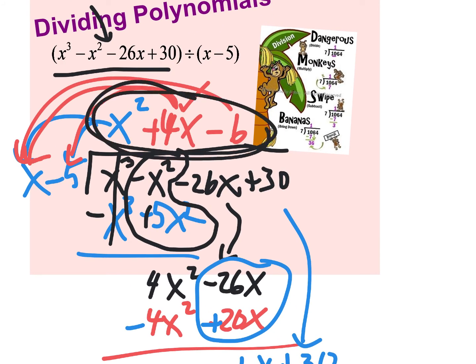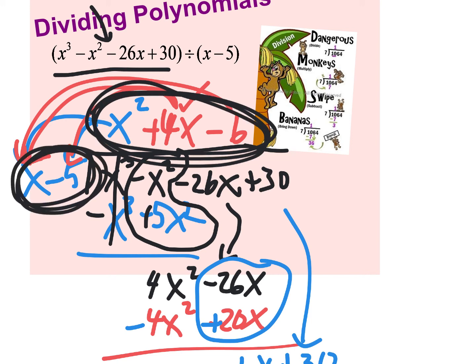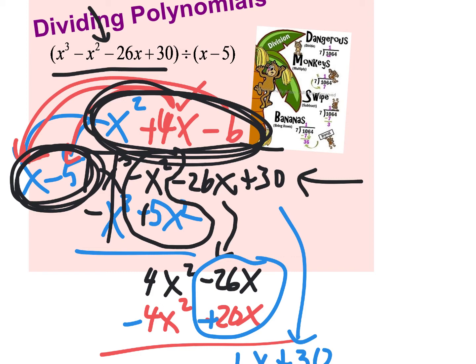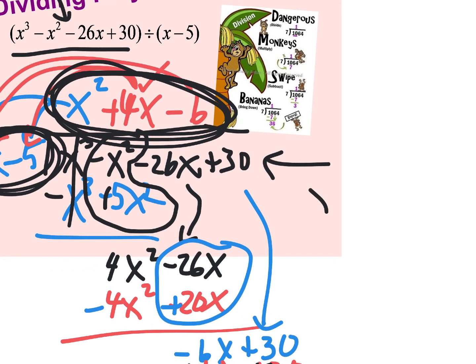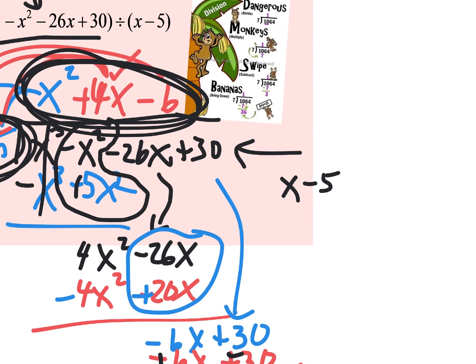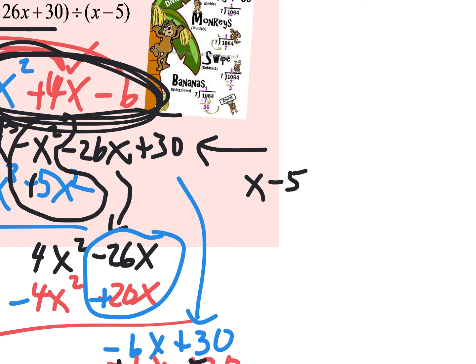That times that equals that. That's called factoring. Now, I don't know if we would have one this hard on the test. We might. I'm going to write out what our answer was. X minus 5 and x squared plus 4x minus 6.